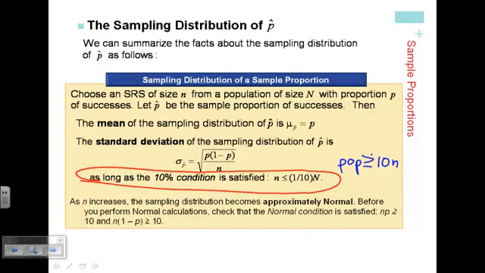And we know the shape as long as we get at least 10 successes and 10 failures from our trials. All right? That we expect at least 10 successes and we expect at least 10 failures. That's when n is big enough. Are you okay with those really, really big ideas?